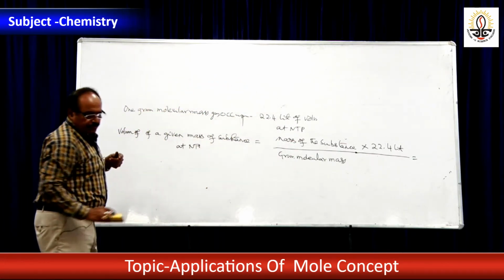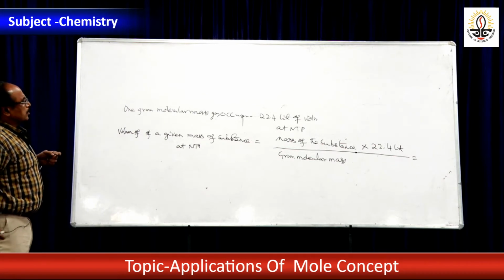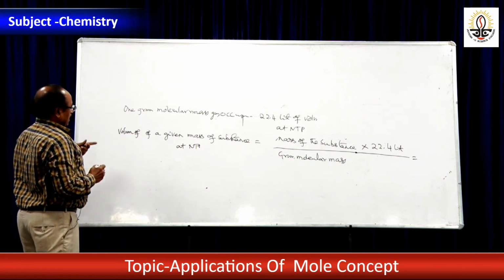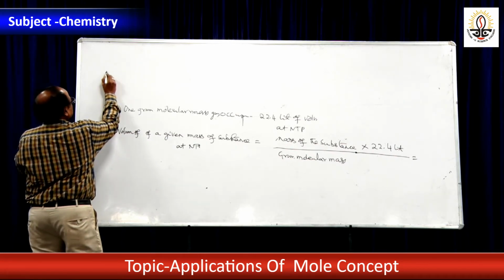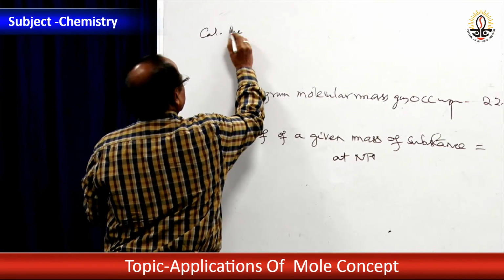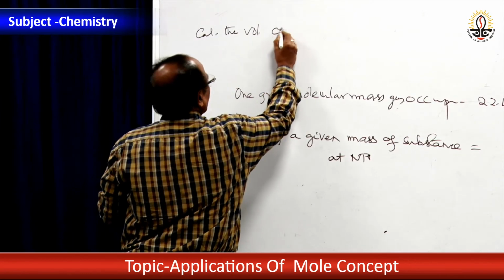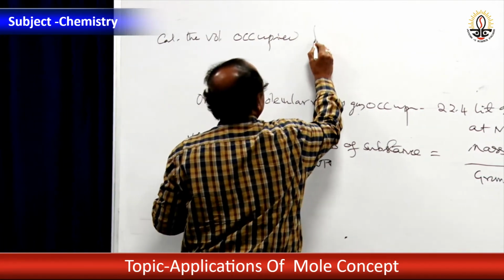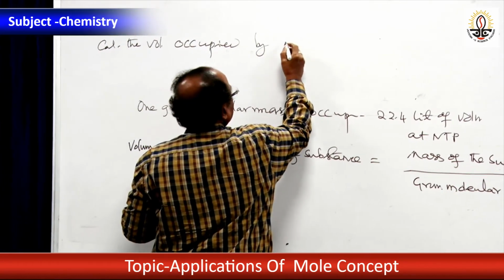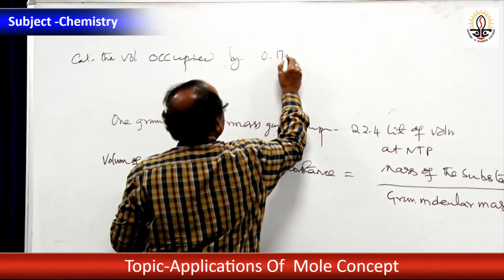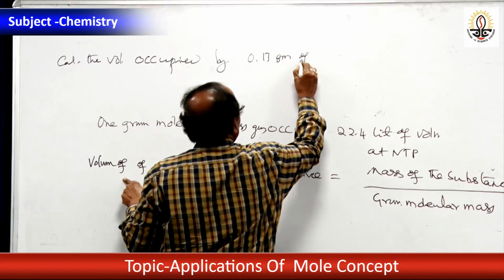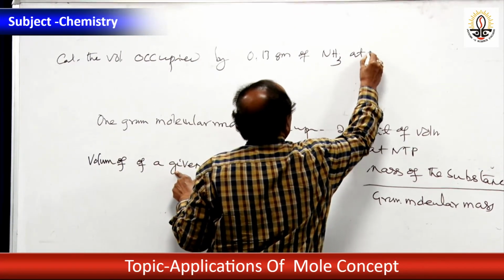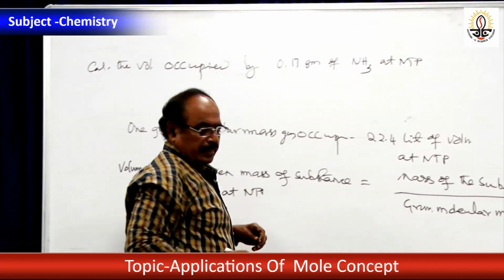For example, one question I want to calculate here: calculate the volume occupied by 0.17 gram of ammonia at NTP. Suppose this is the question given to us.